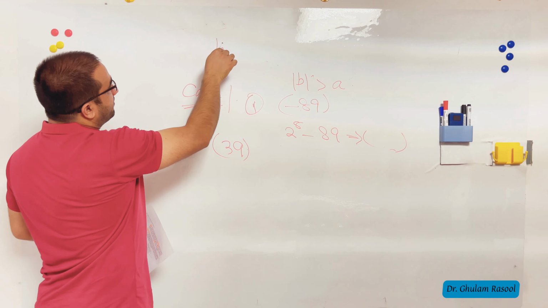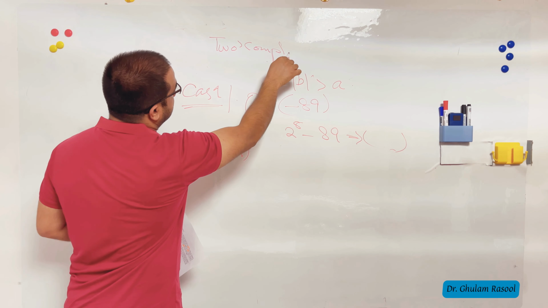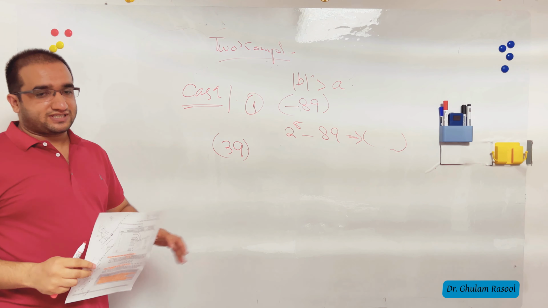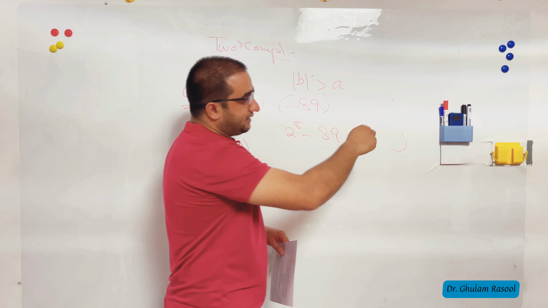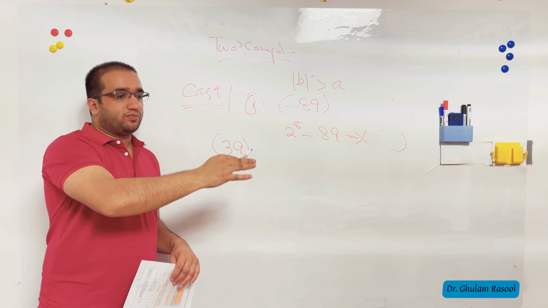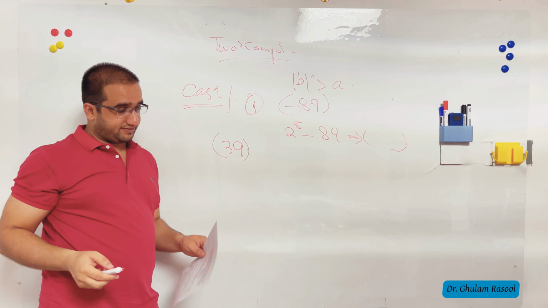We have studied two methods for the 2's complement. One was the detailed method, which I already told you, like how to convert the numbers from decimal to binary and then add them together and do all those things just like the previous section.